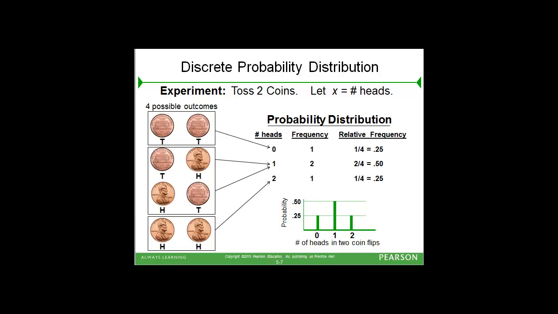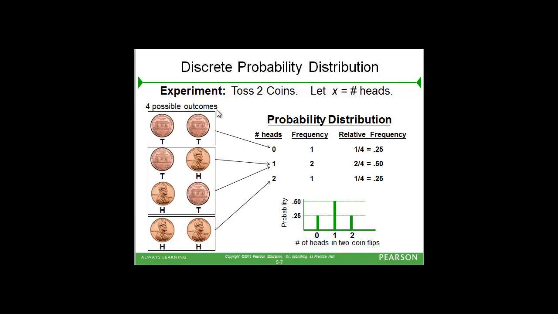So from all possible outcomes, let's check what's the probability for each random variable. The probability of 0 head facing up is 1 out of the 4, right? Because there is one possible outcome that is 0 head facing up, and there are in total 4 possible outcomes.